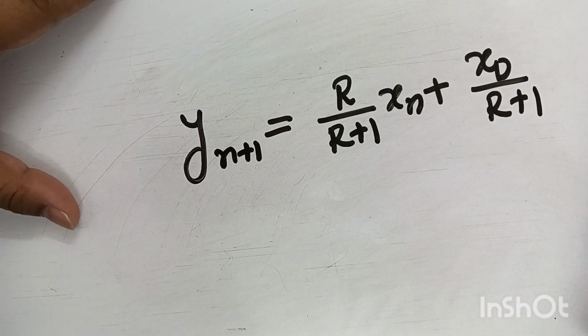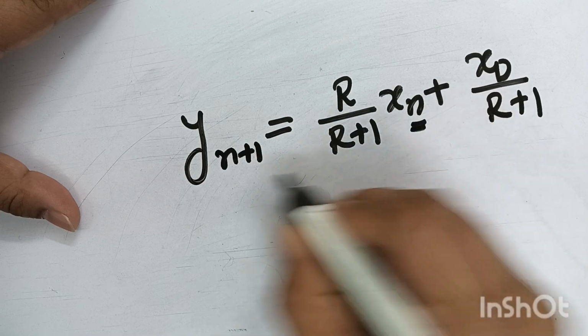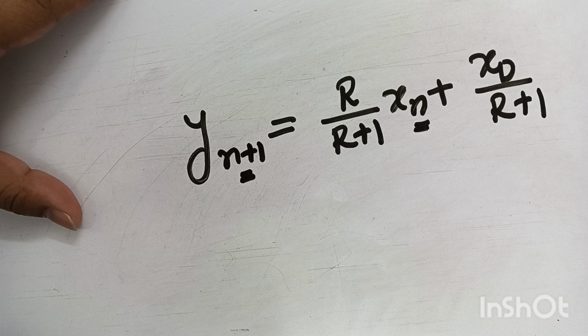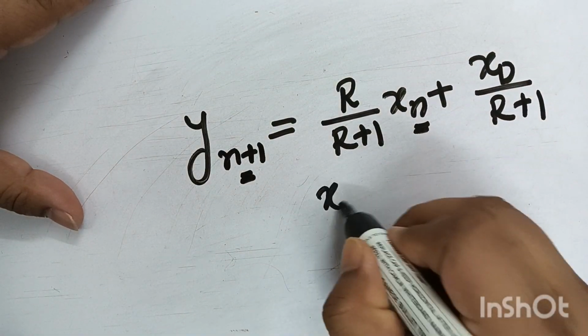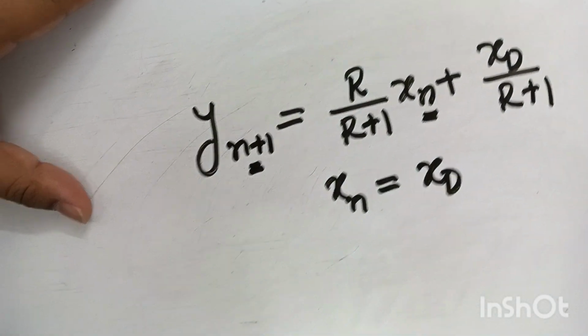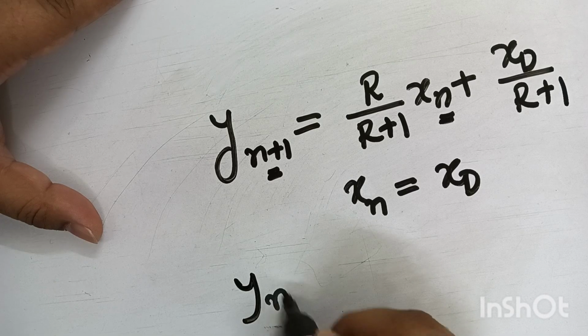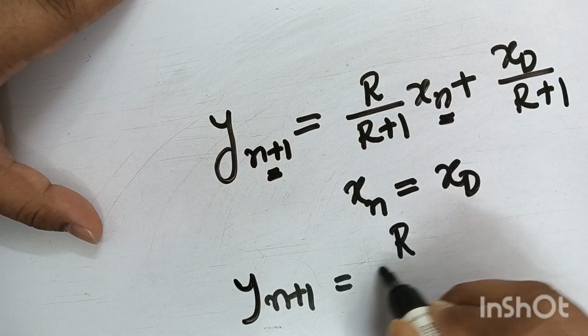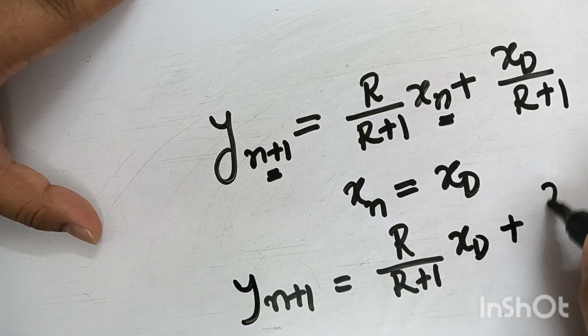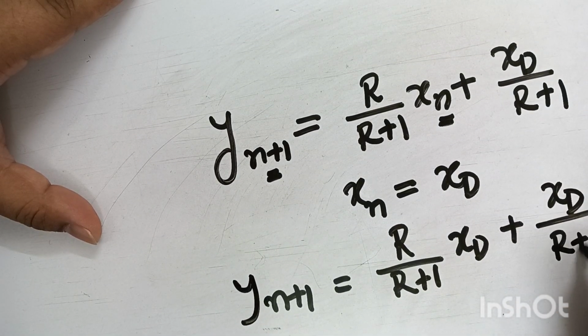Now the subscripts n and n plus 1 correspond to the stage number or the plate number within the distillation column, okay? Now if the value of x at the top of the distillation column, xn here, is equal to XD, then the equation becomes y(n+1) equals R over R plus 1 times XD plus XD over R plus 1.